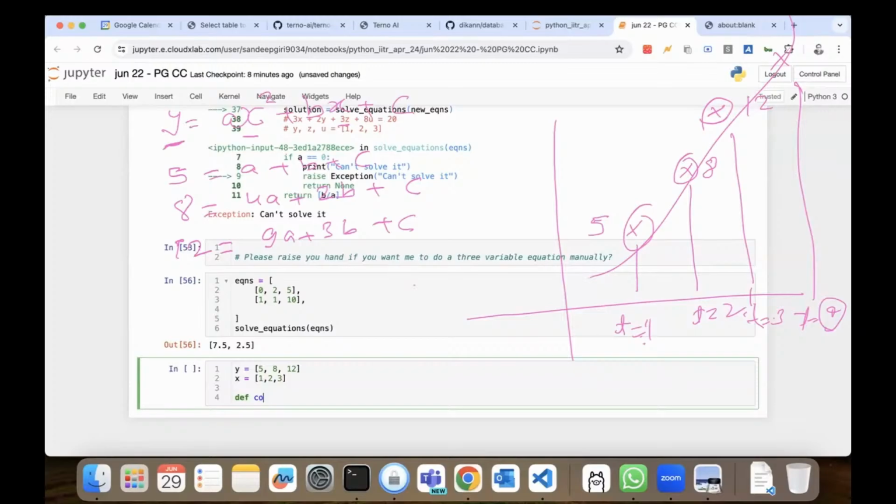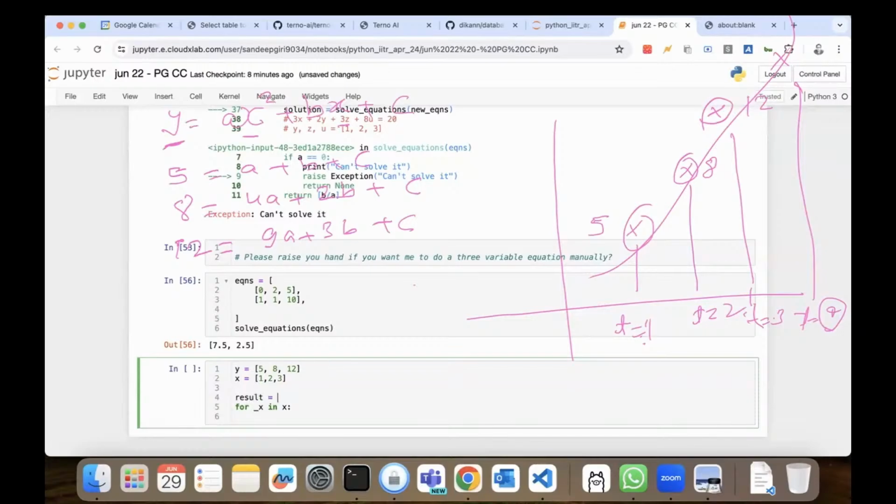For x in x, we create a result, and result dot append x square, comma, x, and 1.